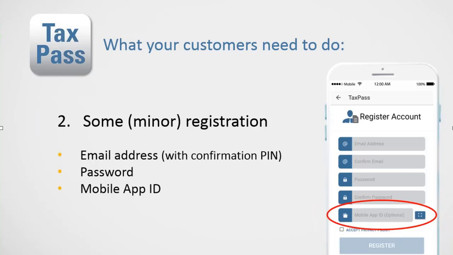The importance of this mobile app ID is that this is how the TaxPass app knows where to route the return. Whenever they submit that return, we have to know where to send it, like what CrossLink 1040 program to send it to, and that's what the mobile app ID is all about. We'll certainly review where you can find your mobile app ID and how you can distribute that information here in a bit.